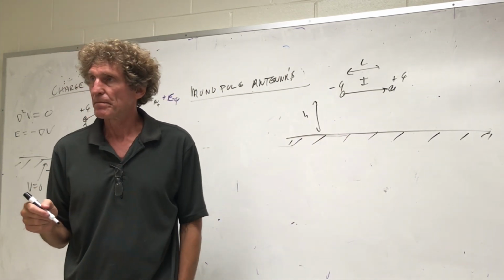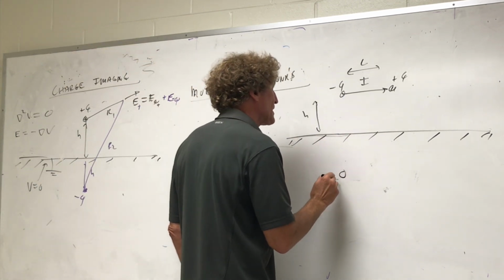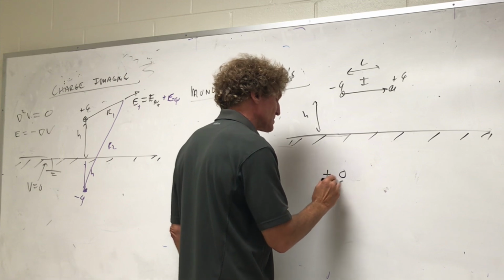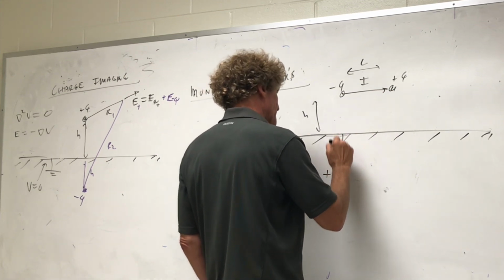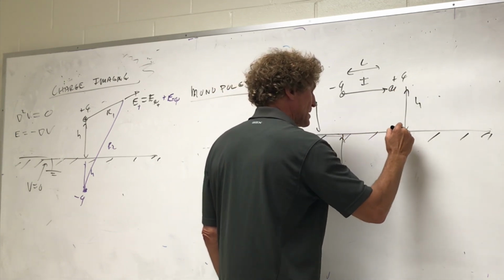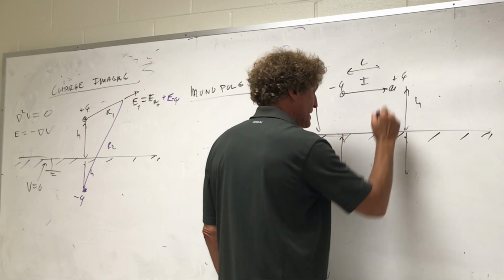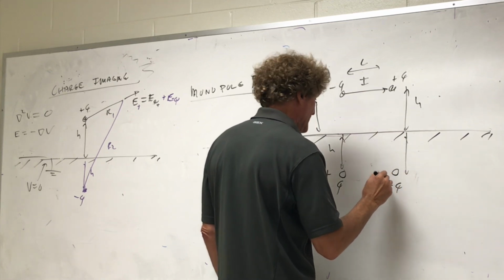You all with me? Now, that means this is imaging down here a positive charge, and right below here at a distance h, if this is at a height h, there's going to be a minus charge right here, right?